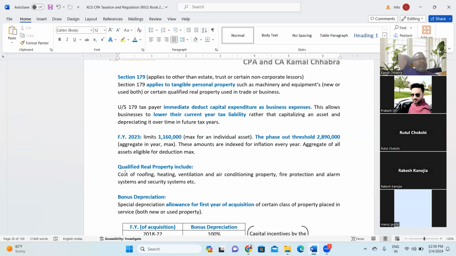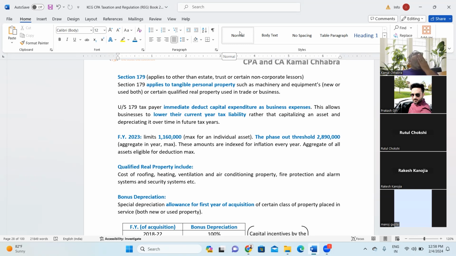Other than that, Section 179 is applicable. It applies to all tangible assets, not intangible assets, such as machineries and equipments, new or used both. That means if you have purchased any old machinery in the current year, then also you can use additional depreciation.